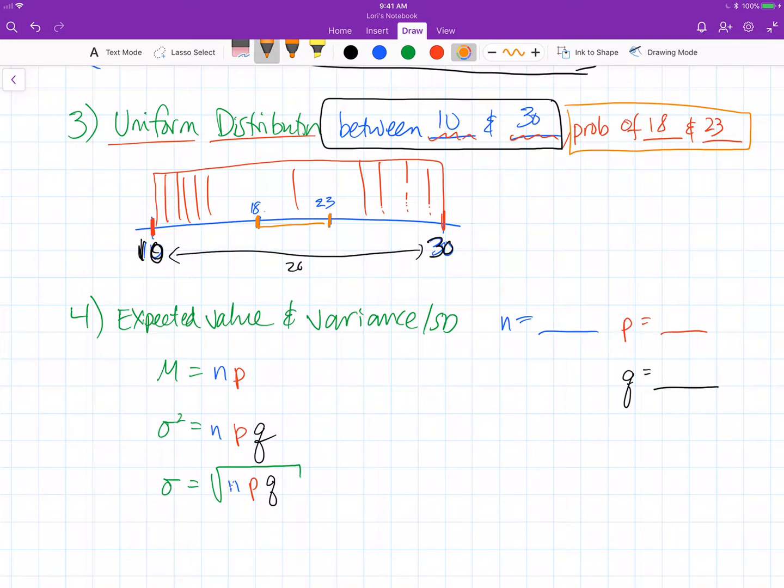So 18.1 would count as being included, 17.9 would not count as being included in that probability. The difference between 18 and 23 is 5. So the probability of choosing something between 18 and 23 is 5 divided by 20, or 25% of the time.